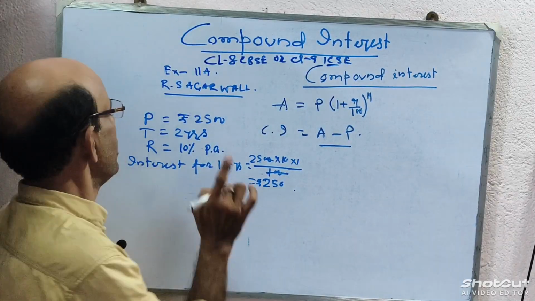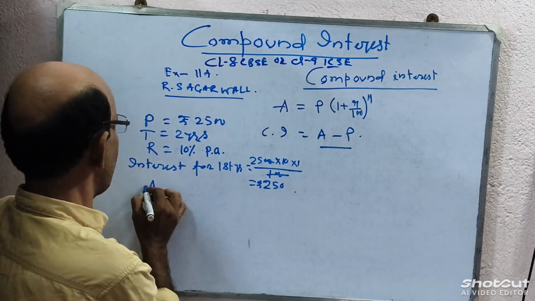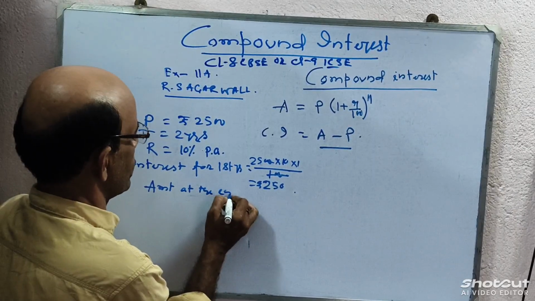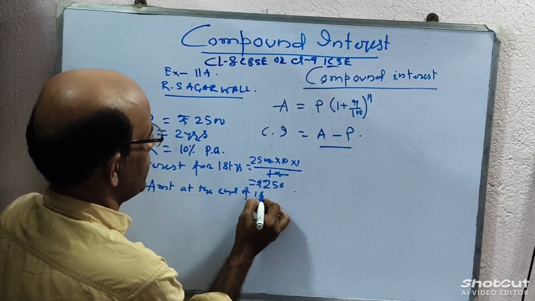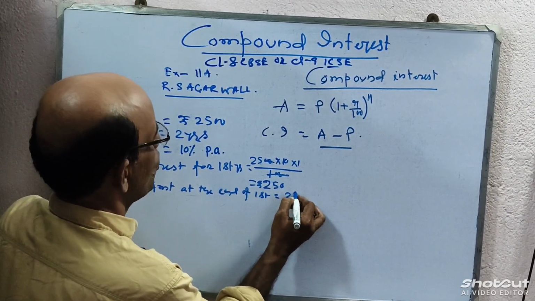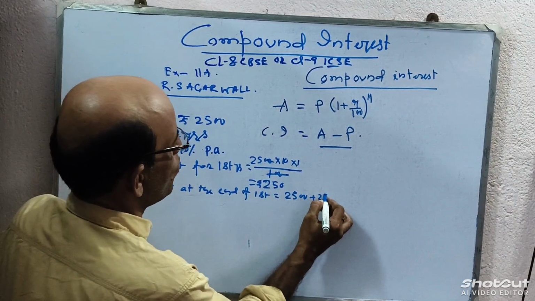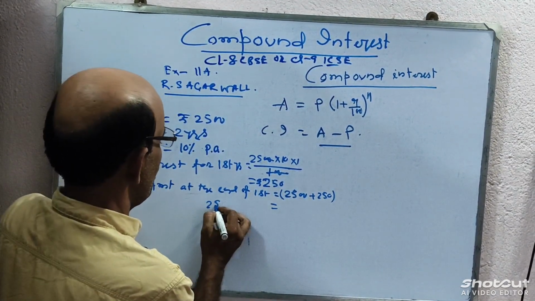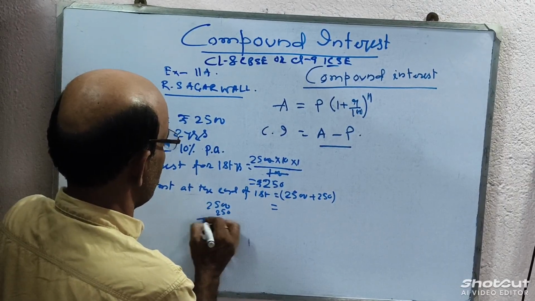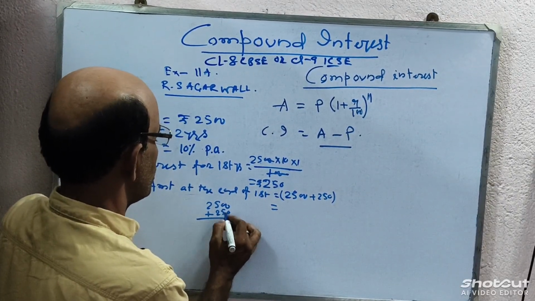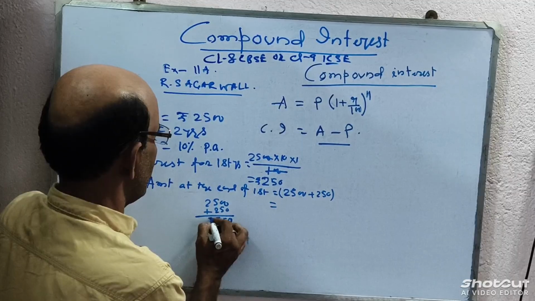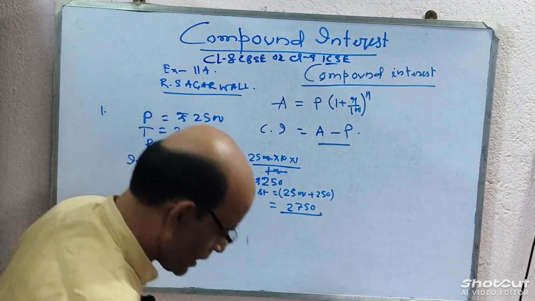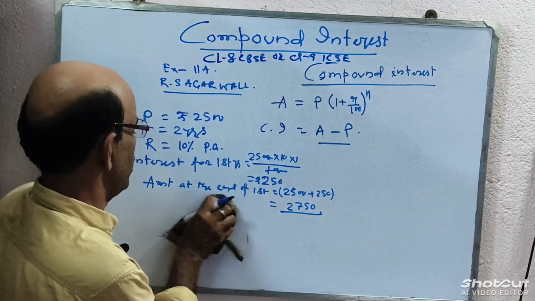This will be added to principal and amount at the end of first year. End of first year amount is equal to 2500 plus 250. Therefore 2750. This is the principal for second year.